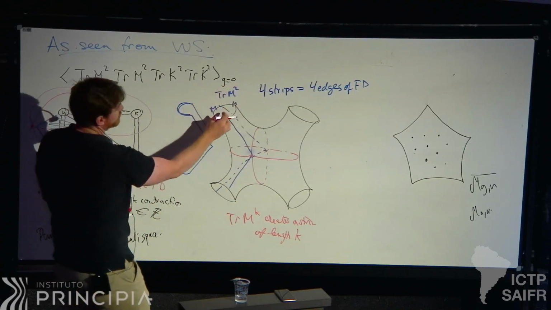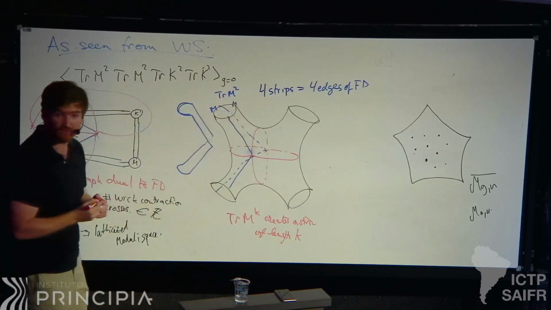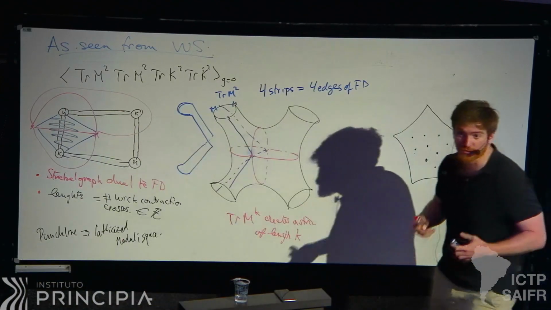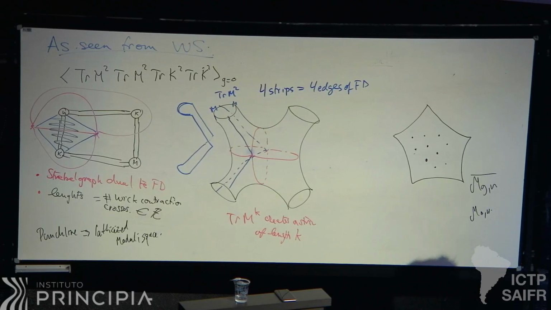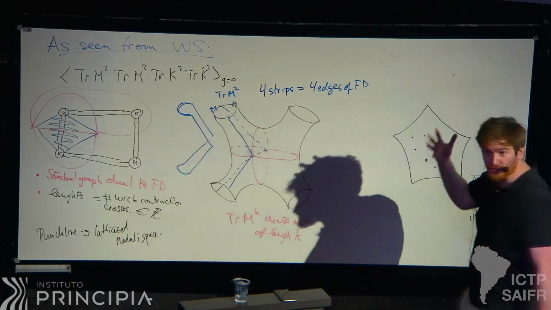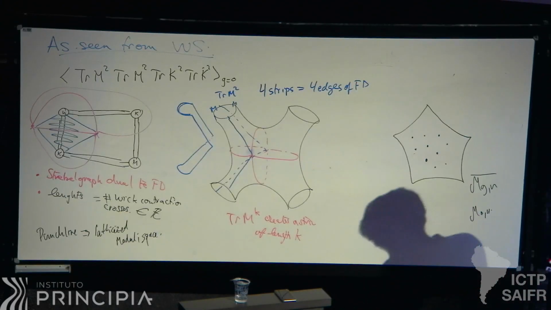So trace m squared gives us a string that is just made out of these 2 bits over here. This should start looking familiar to some of the spin chain pictures you might have, where single trace operators give you this nice spin chain, and the number of spins is related to the power of the matrix that you're taking. Okay, very good.